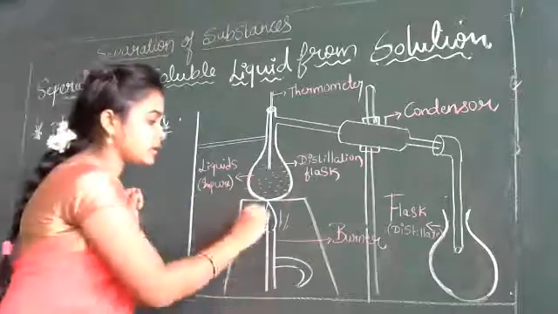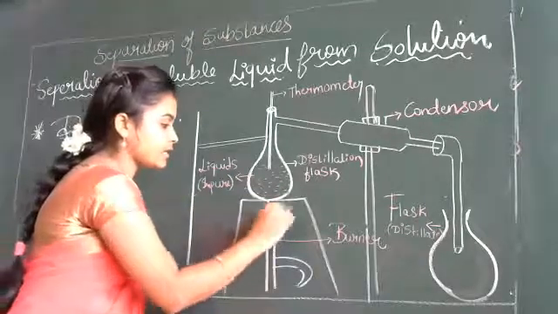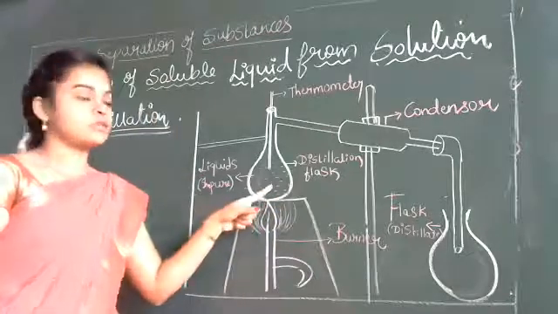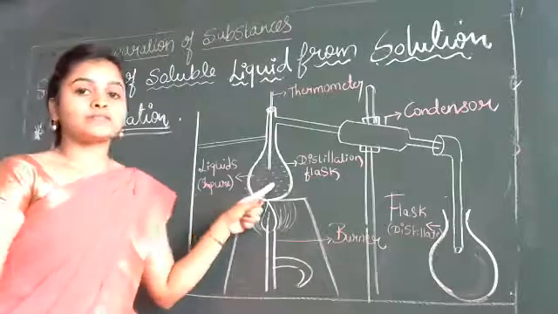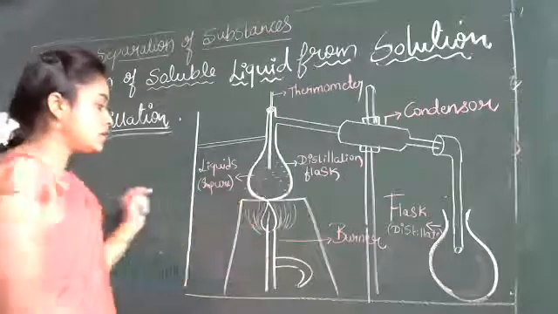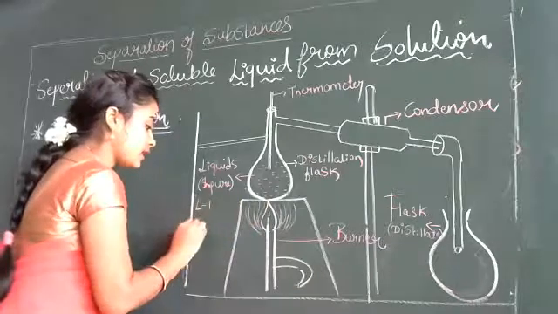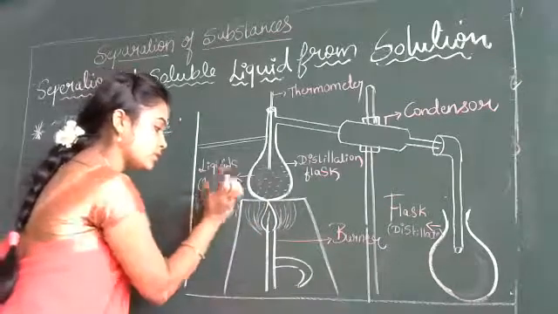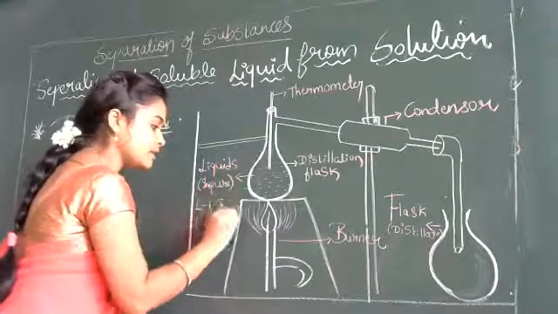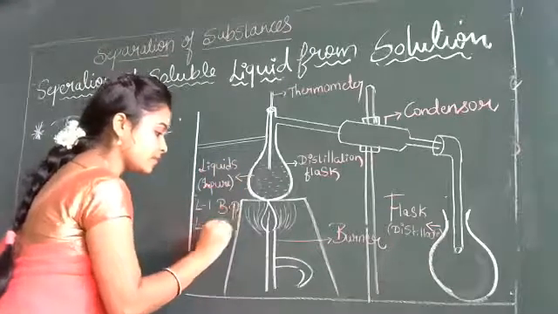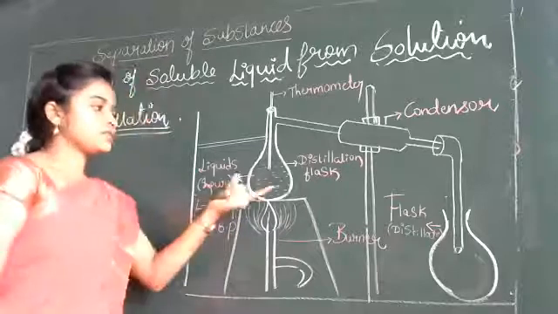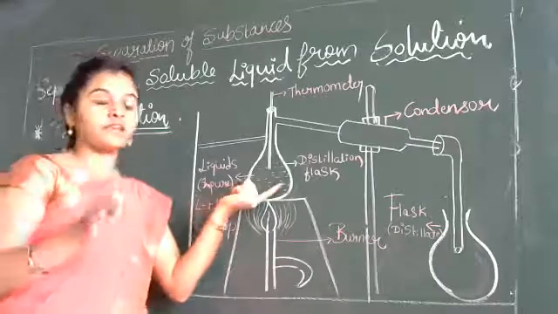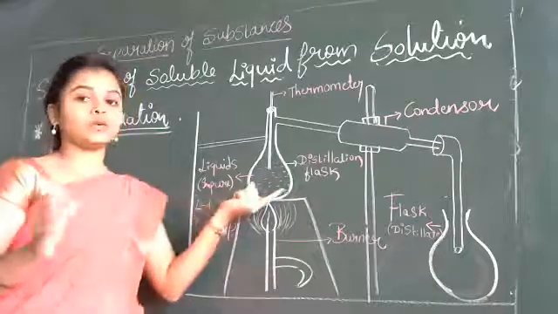And now what will happen here? I'll start heating this solution. I'll supply heat to this solution. Here, liquid 1 and liquid 2, both the boiling points are different. Suppose the boiling point of liquid 1 is different from the boiling point of liquid 2.